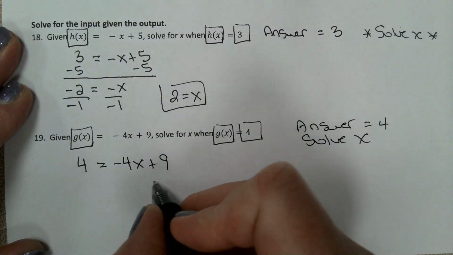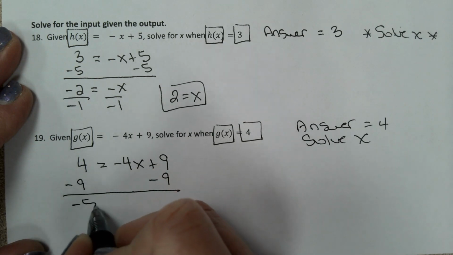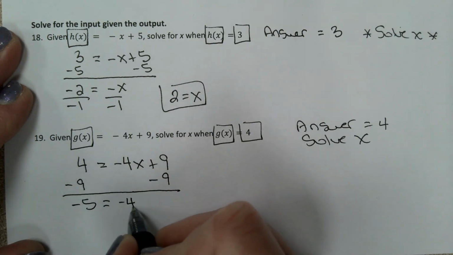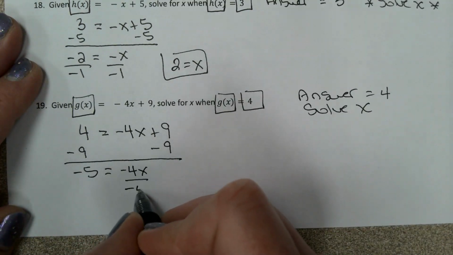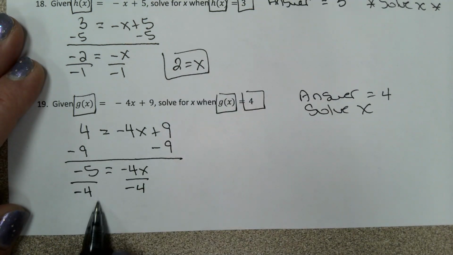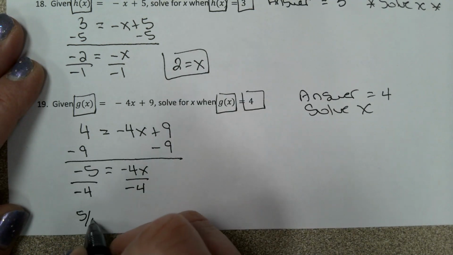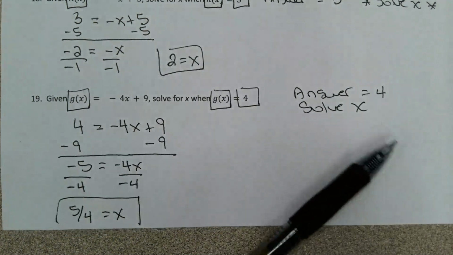Now this is a two-step equation, so you need to subtract the 9 over. Negative 5 equals negative 4x. I'm going to divide both sides by negative 4. Negative divided by negative goes positive. So 5/4 equals x. Thank you so much.